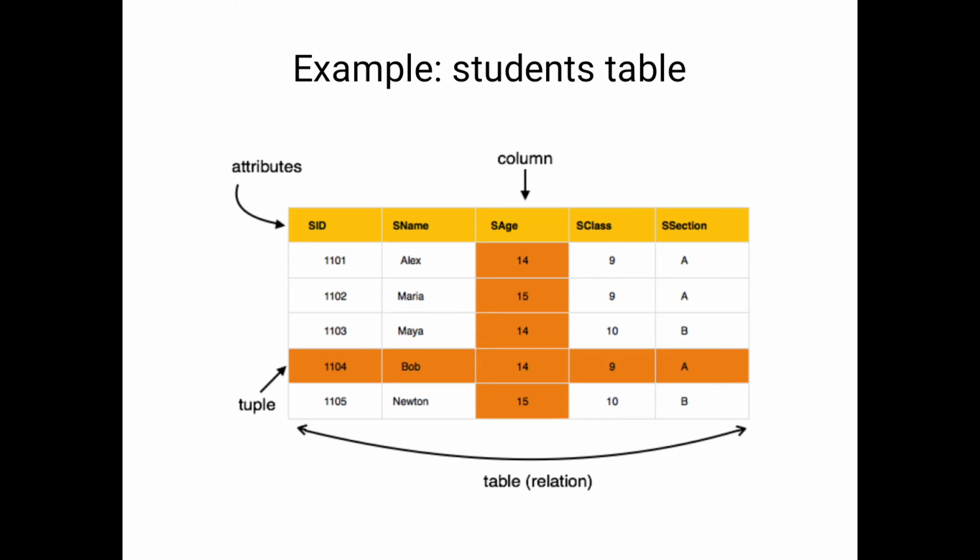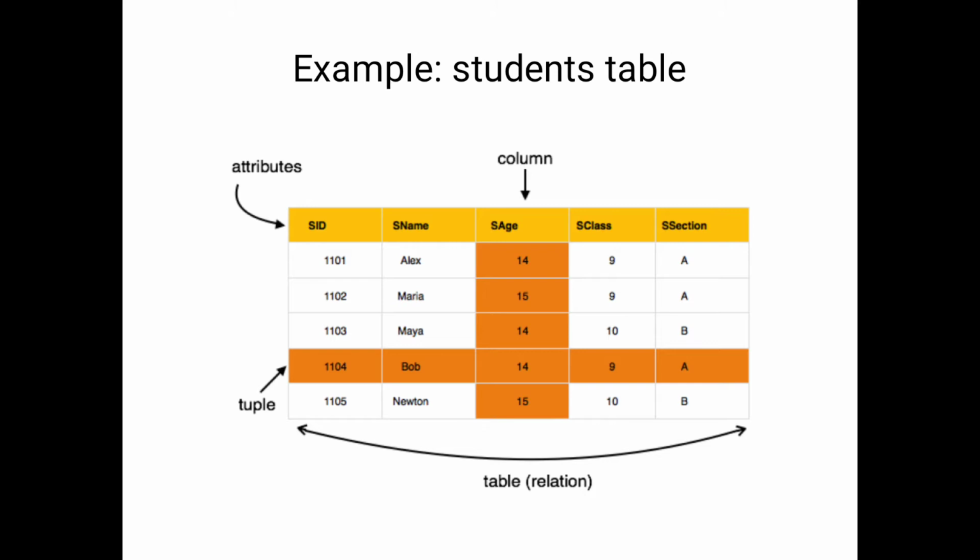So in this particular table I will consider the attributes student ID, student name, student age, student class, student section. Here I will consider 5 different students' data, with the student IDs 1101, 1102, 1103, 1104, 1105. Each row specifies all the details of a particular student. In the first row, 1101 information is available.